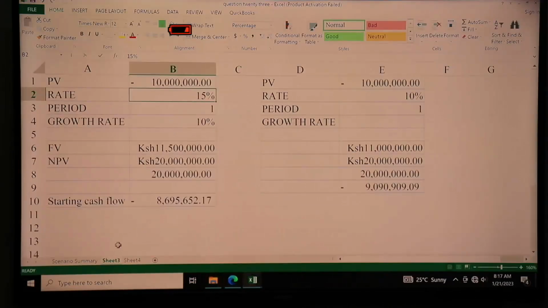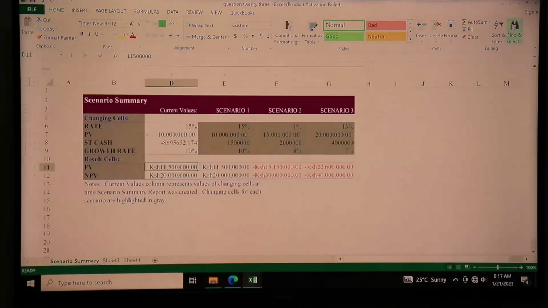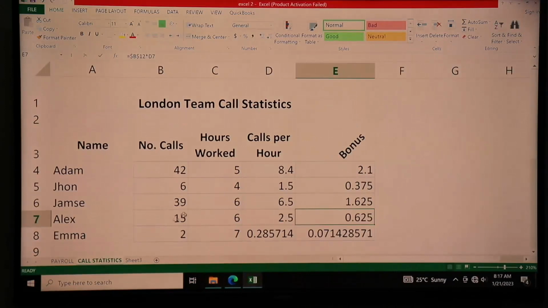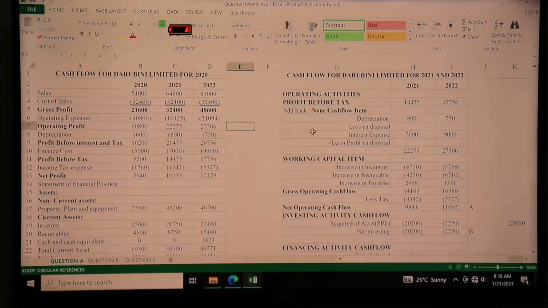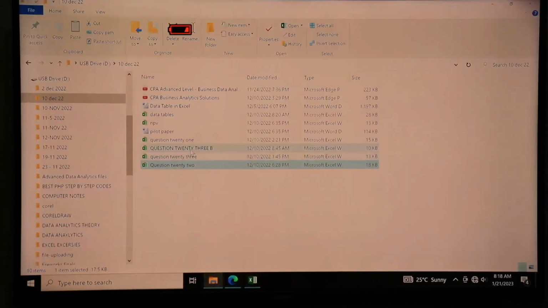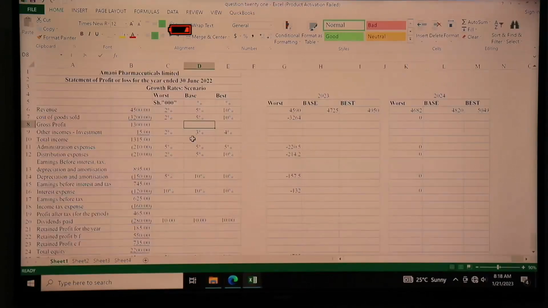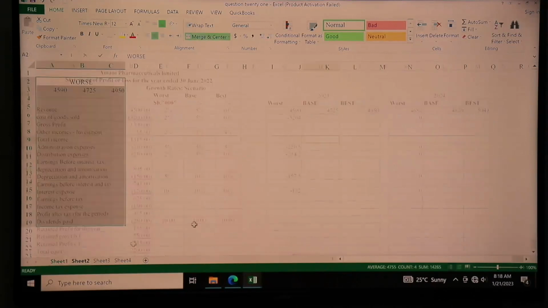There was one question where you had to make a dashboard, and you never had an option but to do that. Just a minute, let me open that question. I think it was question 21. Okay, no, this one, not that one.